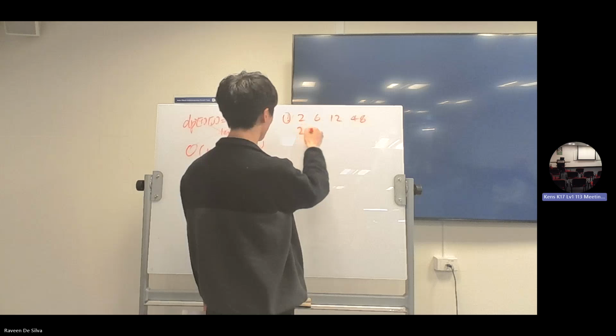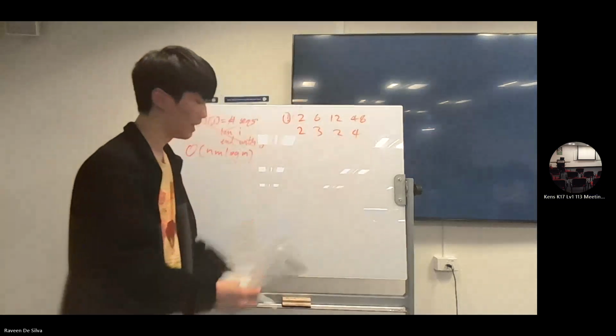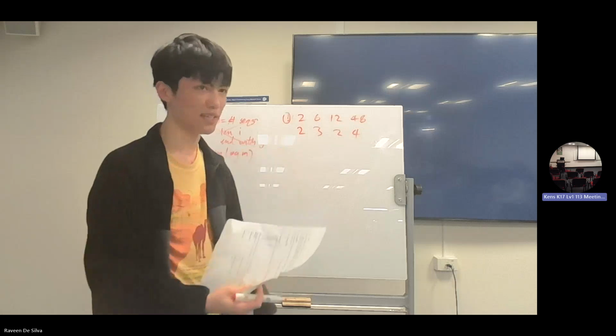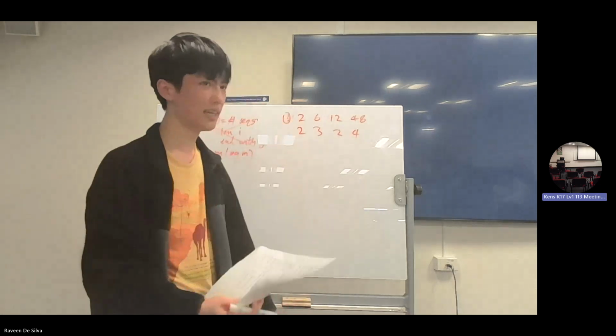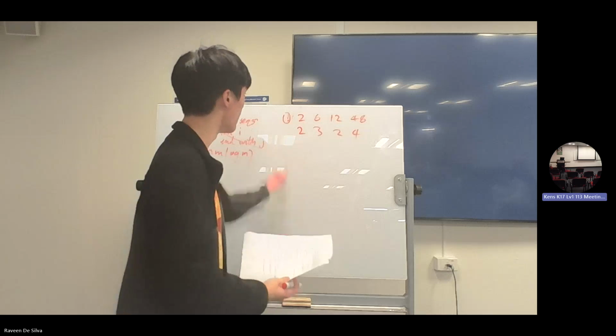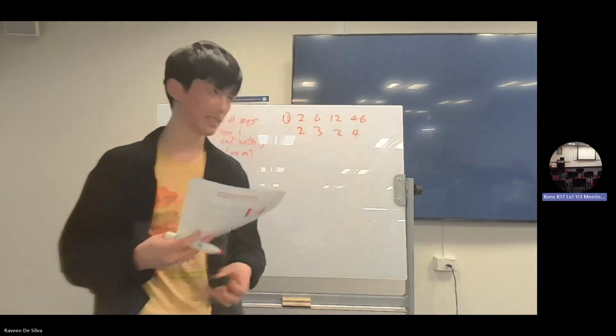So that becomes 2, 3, 2, 4. Each of these is like a prefix product. You take a prefix product of this, you get the original sequence. So you find each number divided by the previous one, and you count these sequences instead.